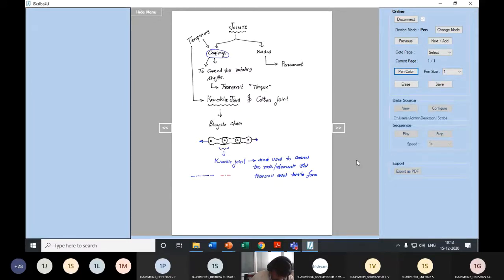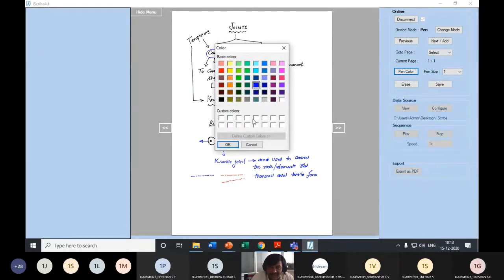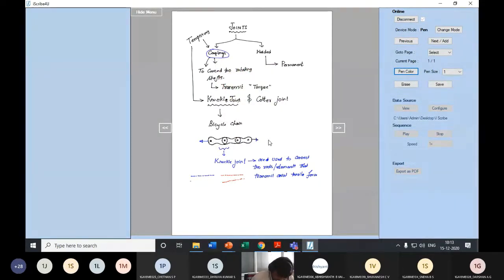So the two axes can be in a straight line, or sometimes the two axes can be slightly inclined. That also works. But only one thing: it should coincide at one point. If I extend this, it should coincide at one point. That is a major basic thing.